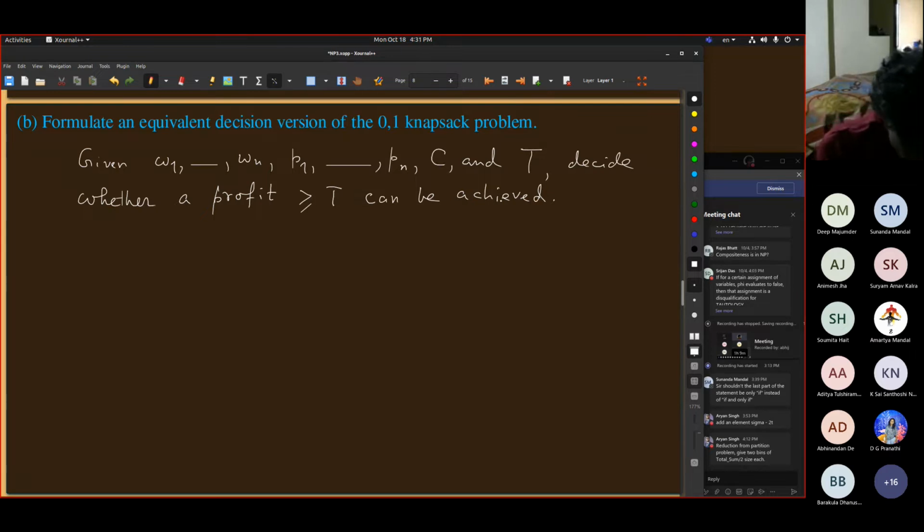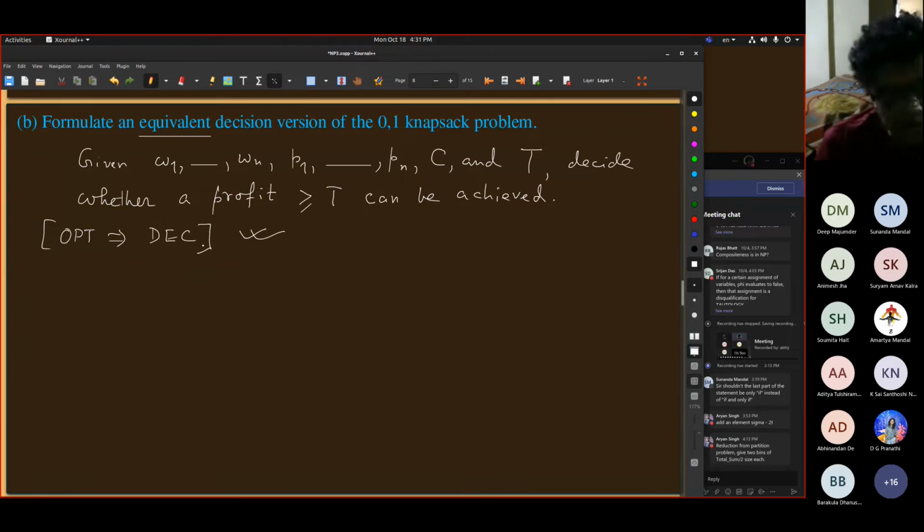Okay, so we have to prove this equivalence. That is, this decision version can be solved in polynomial time if and only if the optimization version can be solved in polynomial time. So OPT implies decision. This is always obvious.